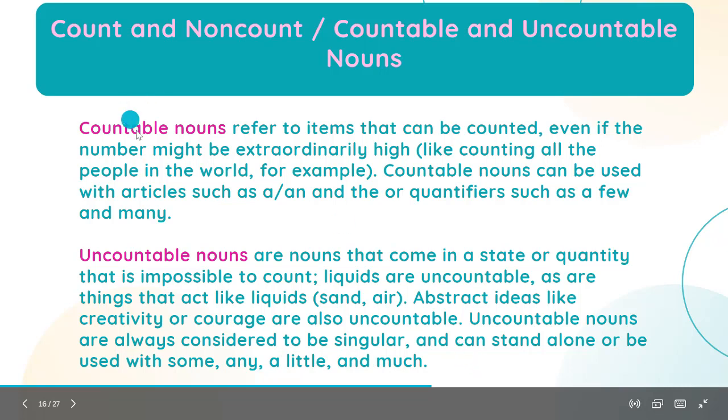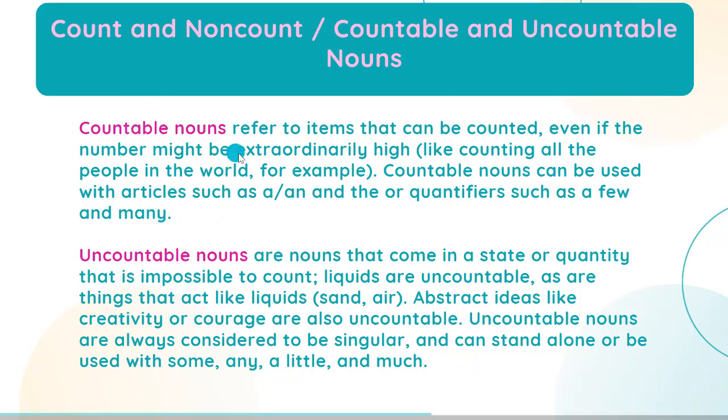much. Jadi perbedaan antara countable dengan uncountable itu, kalau countable itu bisa terhitung, bukan berarti uncountable tidak bisa terhitung ya. Jadi maksudnya dia bisa menggunakan langsung dengan angka. Contohnya misalnya one person atau two chairs atau 1 million people ya. Walaupun dia sangat banyak bukan berarti dia tidak countable. Jadi countable itu yang langsung bisa menggunakan angka di depannya. Tapi kalau uncountable itu tidak bisa seperti itu.